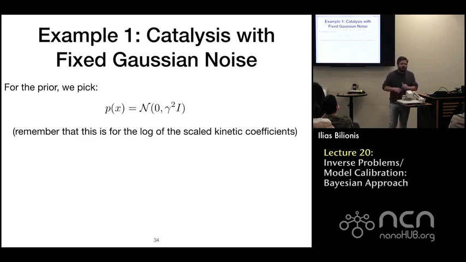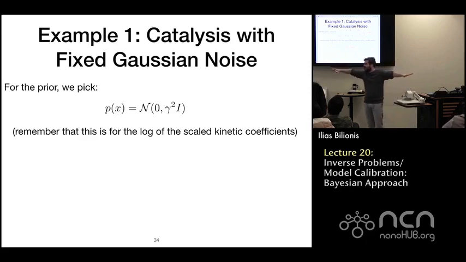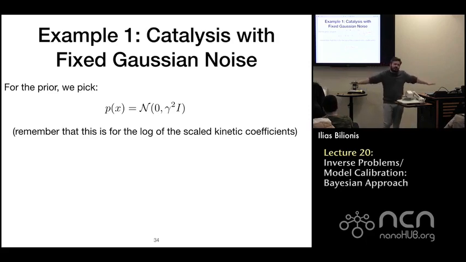To compensate for that, I'm going to set gamma equal to 100. So this really just looks like a completely flat distribution in the log space of k's. And this is totally okay, because the result is not going to be very sensitive to what I pick as long as it is flat.